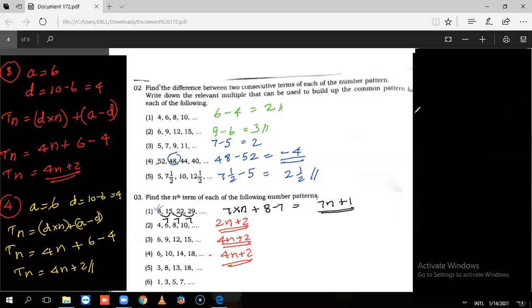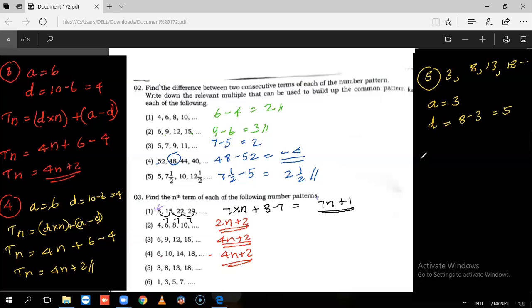Fifth one, 3, 8, 13, 18. So first term A equals 3, common difference D equals 8 minus 3, that is 5. Then we can write the general term for this. The general term is how much here?